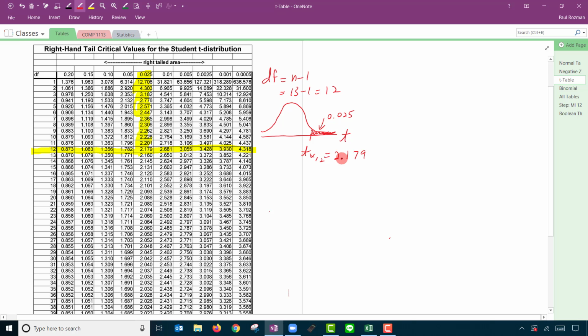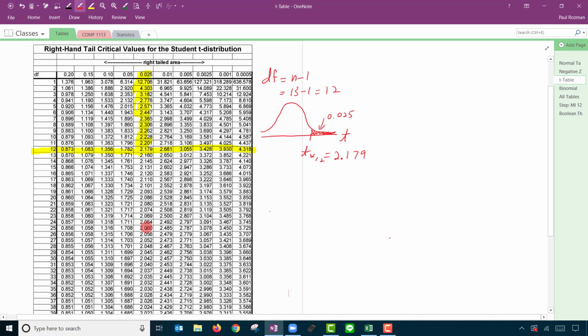When we've been doing 95% from the empirical rule, we just called this 2. Well, the t-distribution lets us use slightly different values depending on what the sample size is.